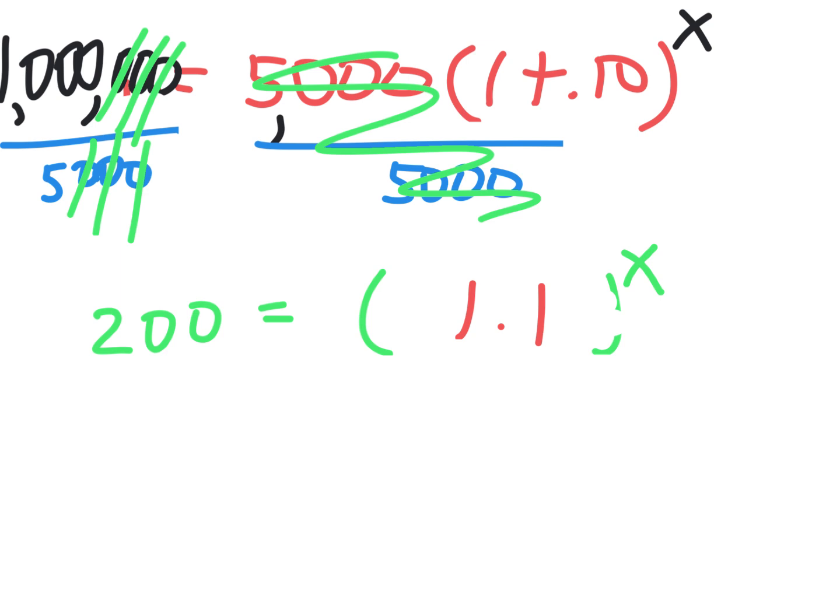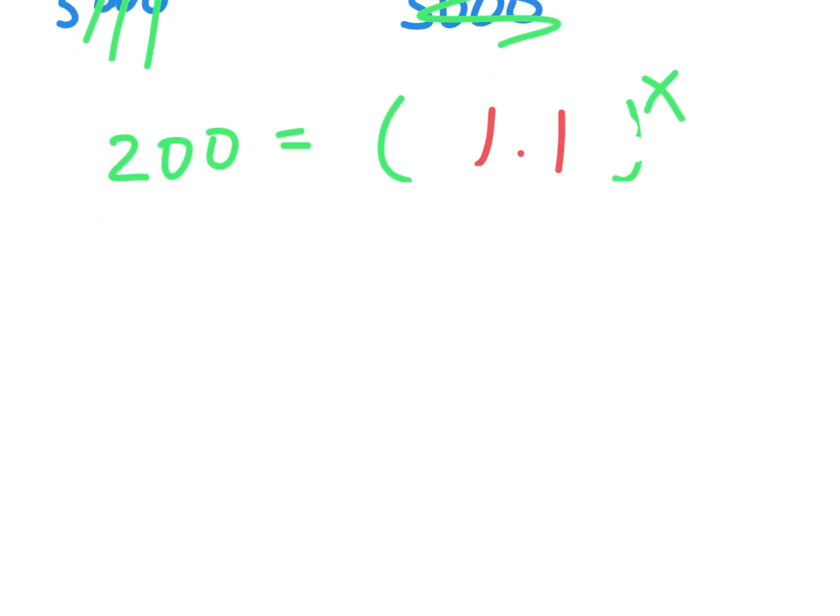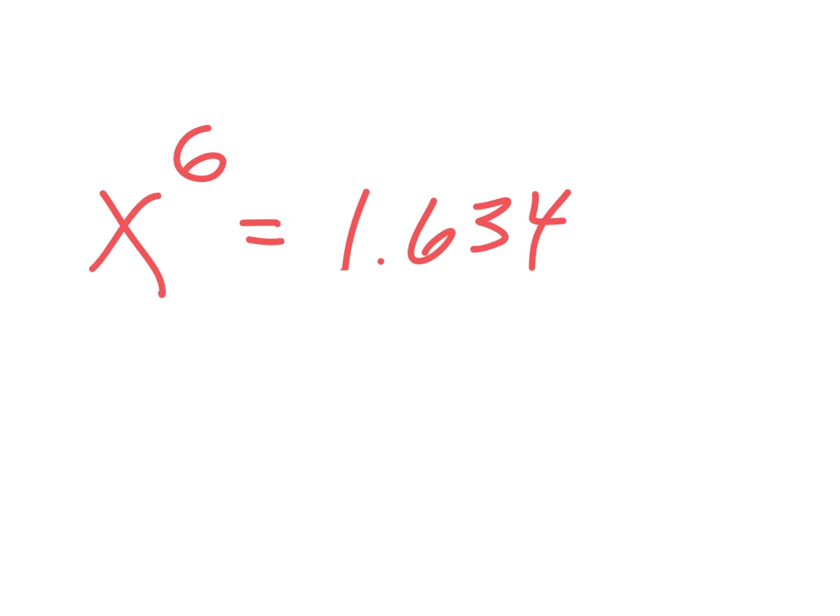All right, but here's another one that we do ask you to solve that is going to happen later, and it'll be like this. X to the 6th equals 1.634. You'll have a problem like this, and they'll ask you to solve that, and I'm wondering, do you know how to solve that? Because actually, we would expect you to. You can solve this. The other kind, the x in the exponent, you won't know how to solve for a long time.